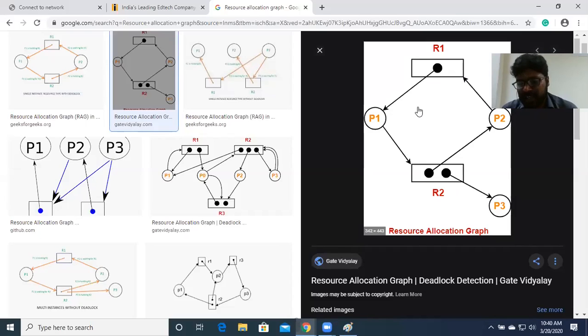Now tell me, resource 1 is assigned to which process? Resource 1 is assigned to which process? P1, sir.